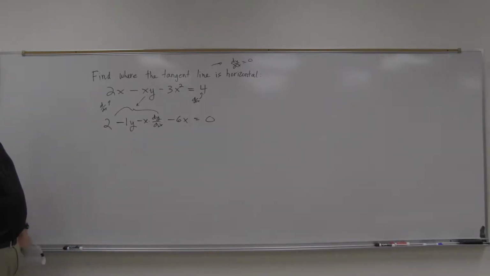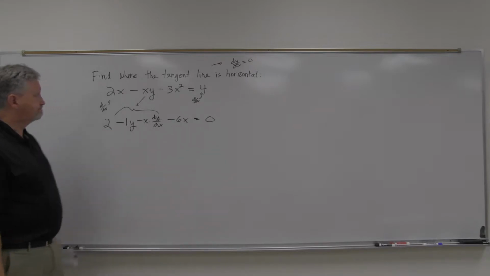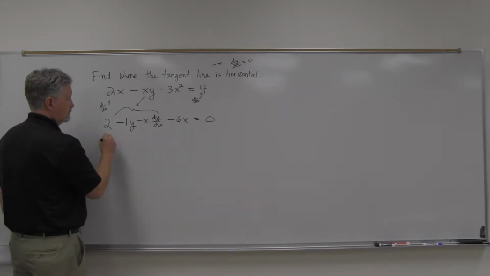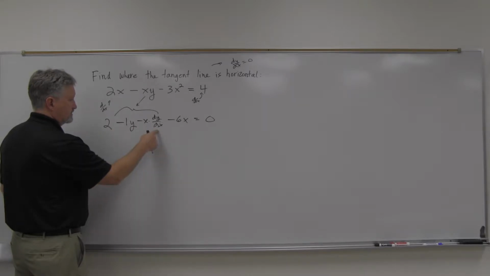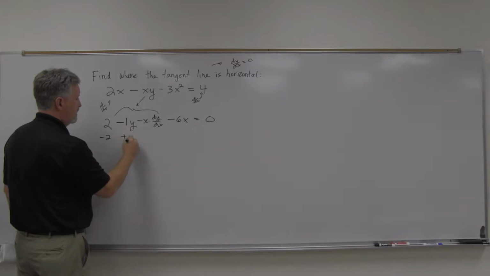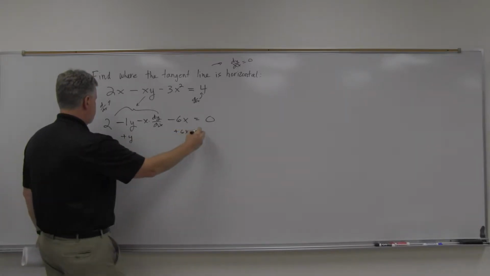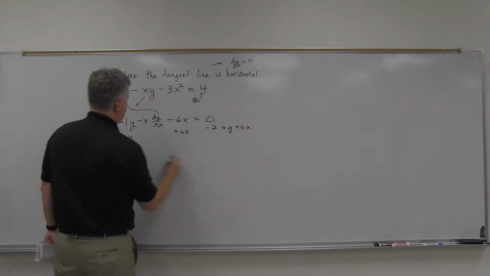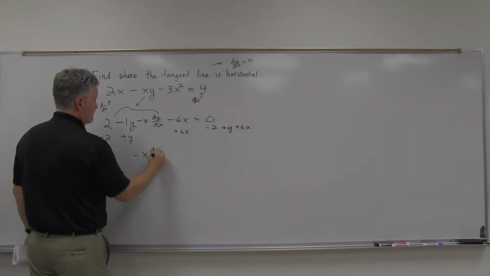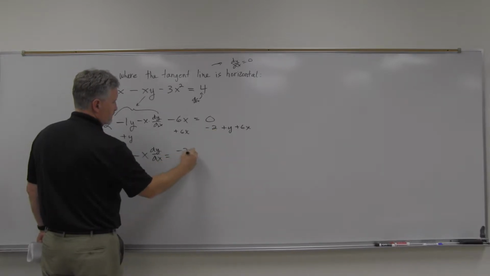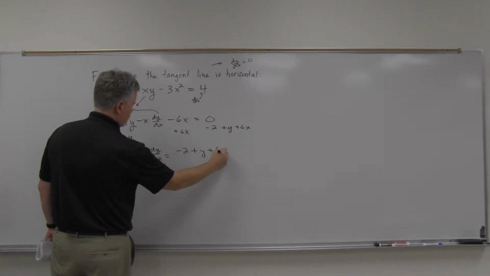Okay, so now let's see here. We're solving for dy over dx, so let's subtract the 2, add the y, and add the 6x to both sides. And we have minus x dy over dx equals negative 2 plus y plus 6x.